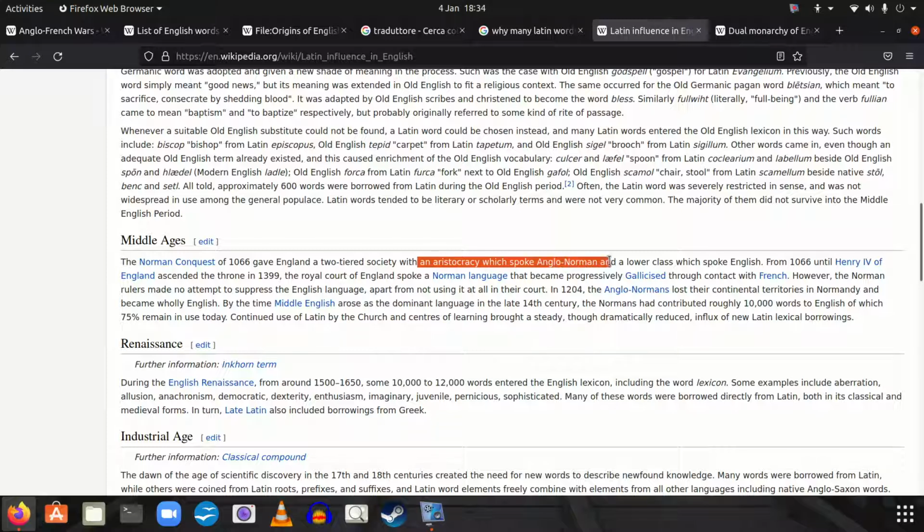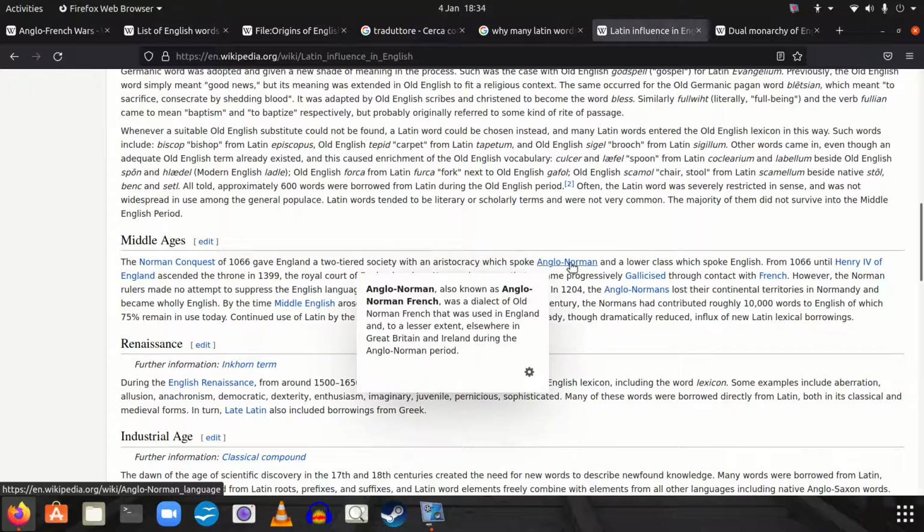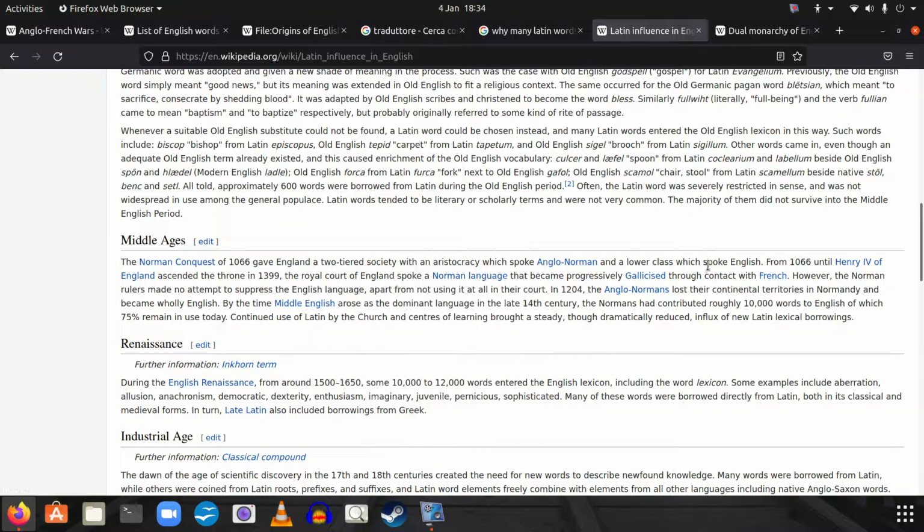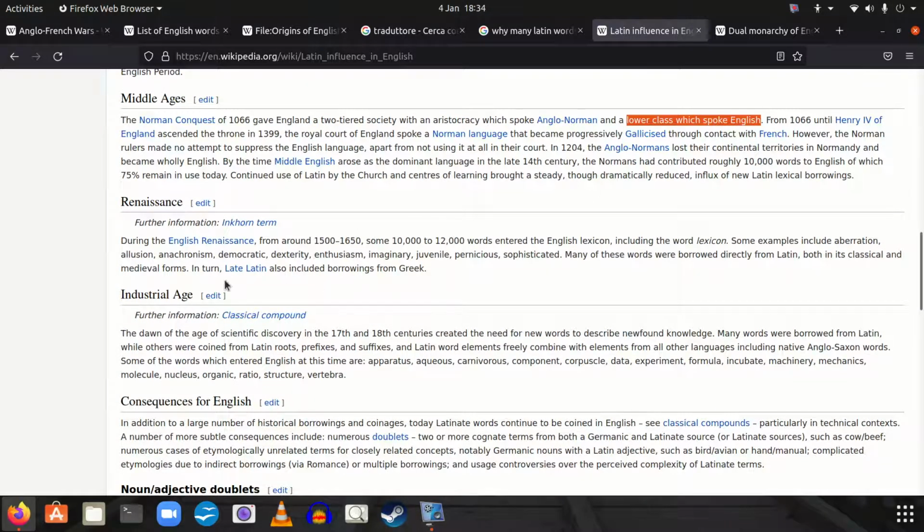Aristocracy, which spoke Anglo-Norman, and the lower class, which spoke English. So the Anglo-Norman that ruled the country, coming from the north of France, invaded England. So the lower class was ruled by the French. And that's all. Here you can study many other things.